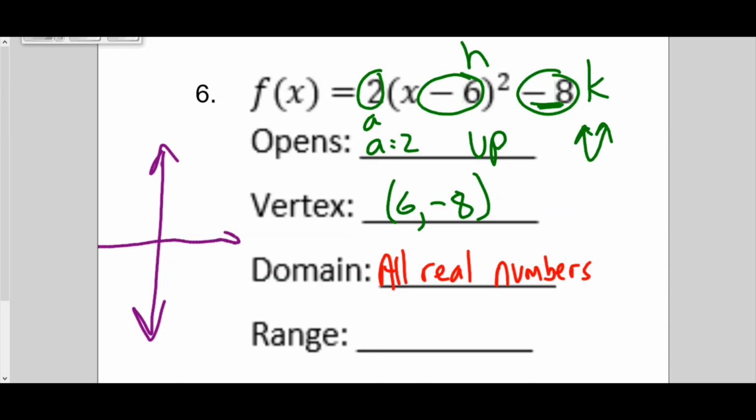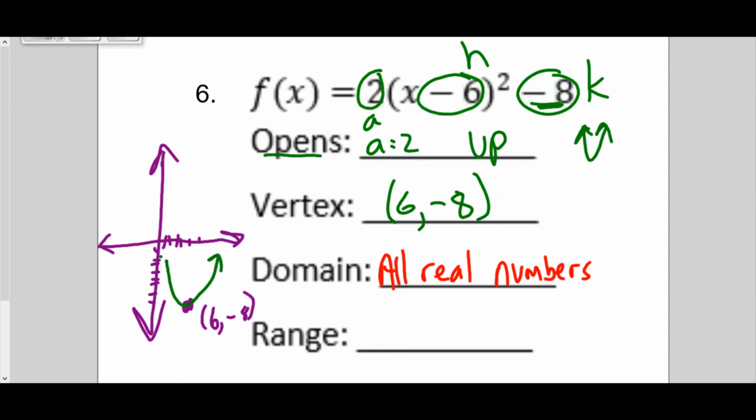So I'm going to plot the vertex 6, -8. So it'll be about here. And my graph says it opens up based on this right here, based on the A value.